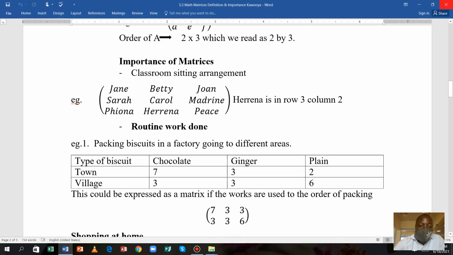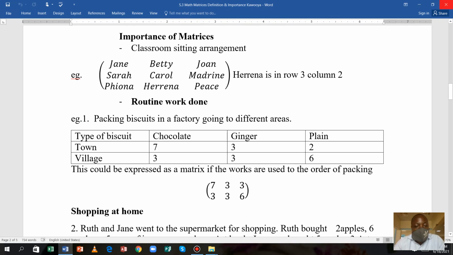Then also where we have routine work done, maybe in a factory where they are packing items differently depending on where they are going.